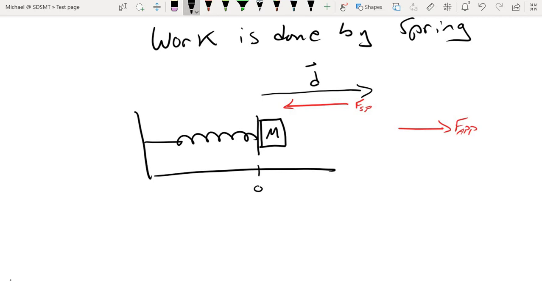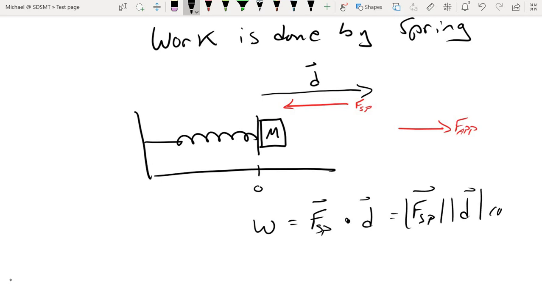And if we try to apply this to our dot product method of evaluating work, the first thing that we should notice is that there is an angle relationship of 180 degrees. So right away, we should realize that there is negative work being done by the spring because of that cosine relationship. So work is going to be negative.